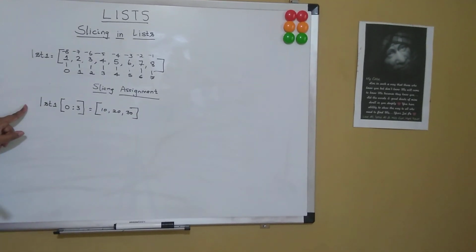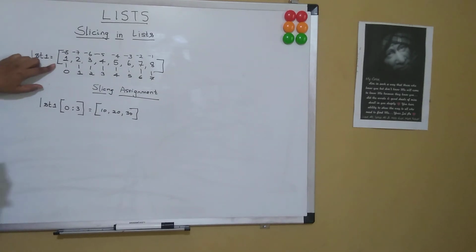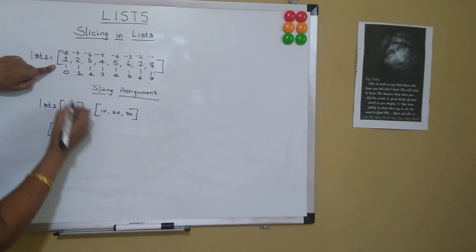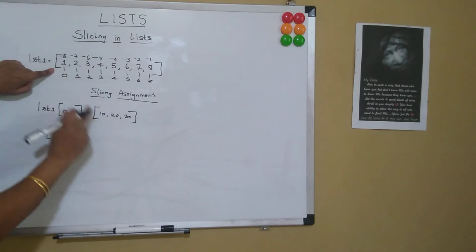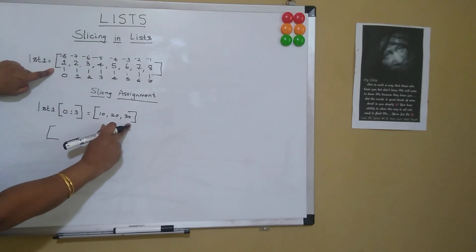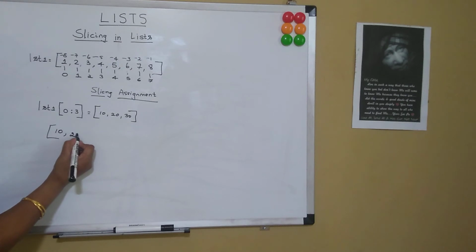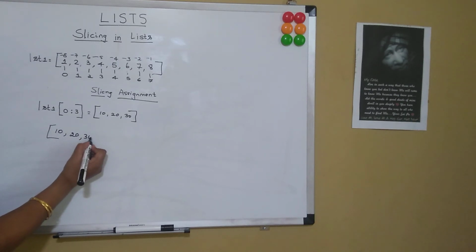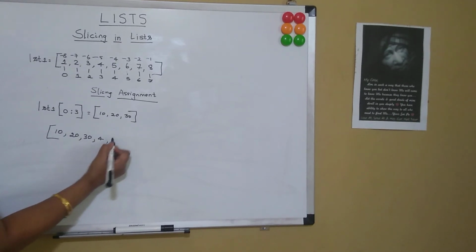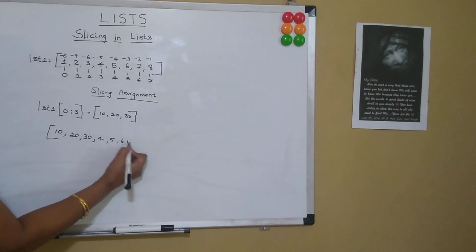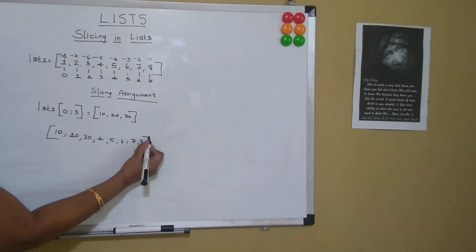So now if I print my LST1, instead of this list, I get 1, 2, 3 have been replaced by 10, 20 and 30. So instead of 1 we have 10, instead of 2, 20, instead of 3, 30. And then 4, 5, 6, 7, 8.